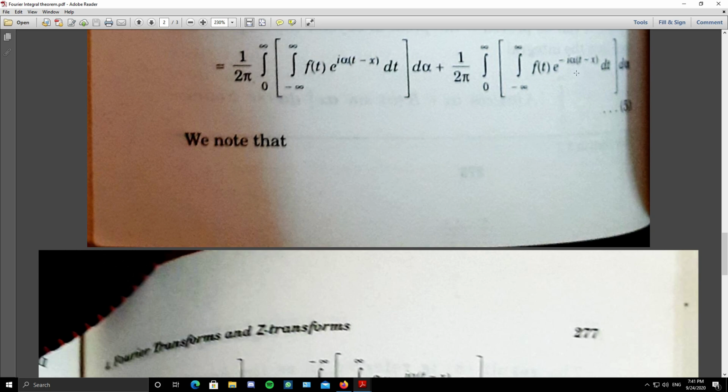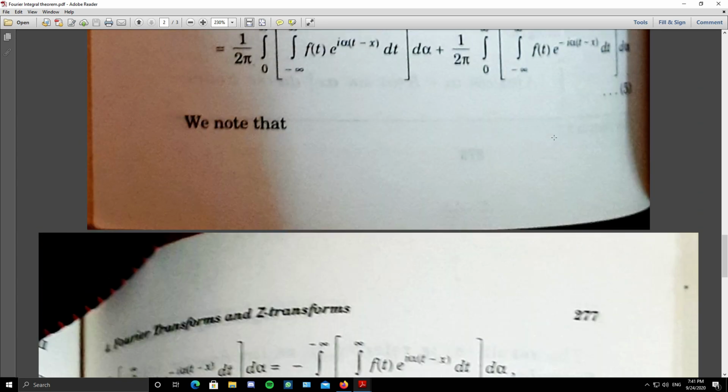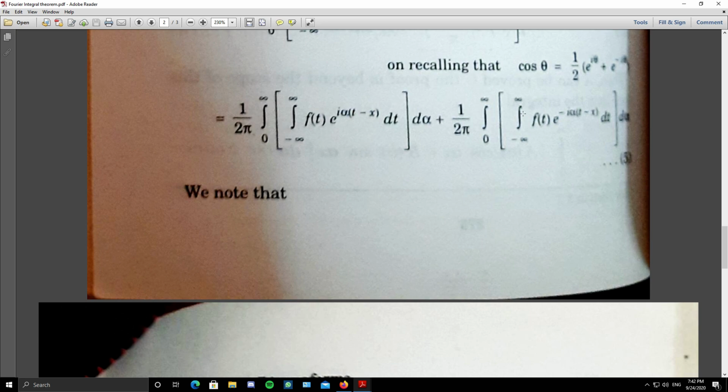When you replace alpha by minus alpha, 0 to infinity becomes minus infinity to 0. That's what is written here. The rest is everything the same: minus infinity to 0, minus infinity to infinity, f of t e power i alpha t minus x dt.